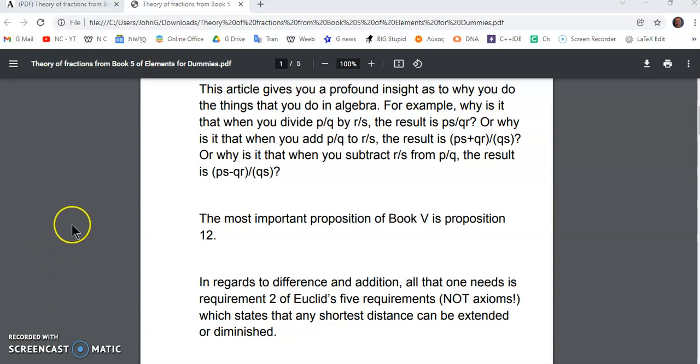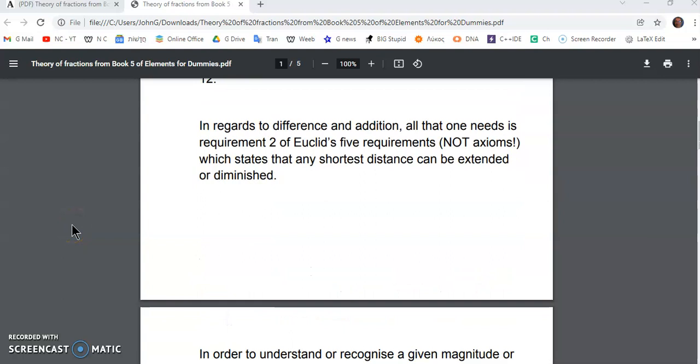In regards to difference and addition, all that one needs is requirement 2 of Euclid's 5 requirements, not the so-called axioms as mainstream math academics think. They're not axioms, they're requirements, which states that any shortest distance can be extended or diminished.